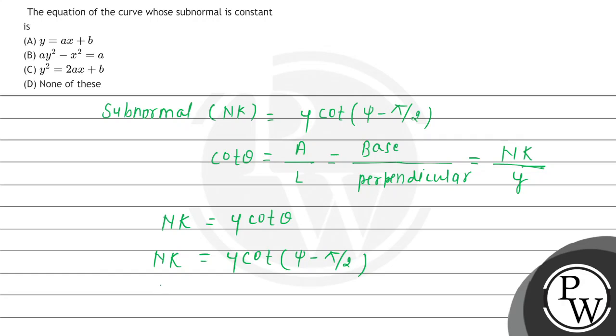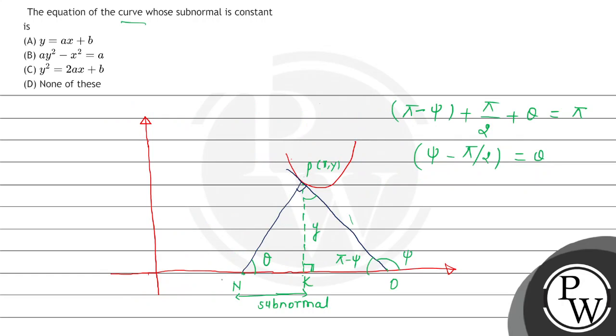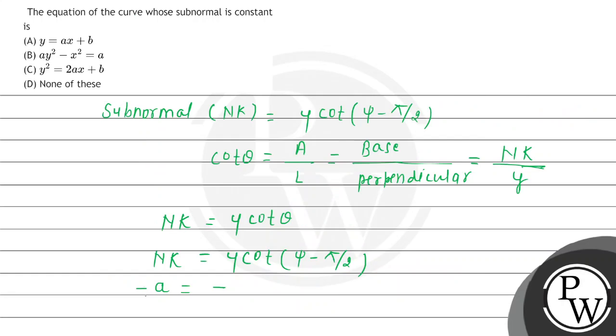Here the value of the subnormal will be negative, so we take it as minus a, since it is given as a constant, so we have considered a as a constant here.